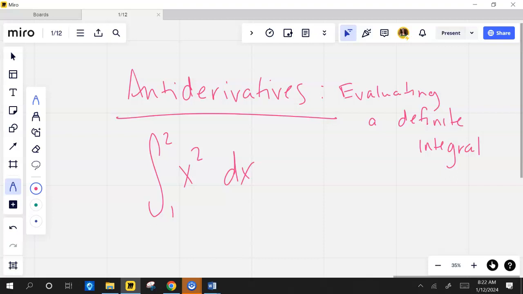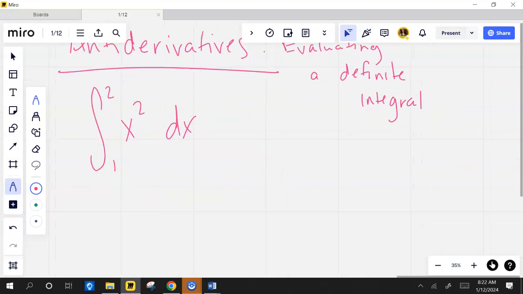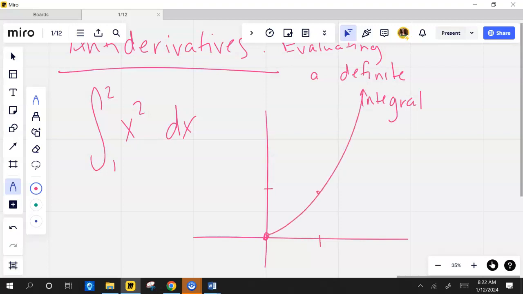And then you find the area that way, right? That only works sometimes, though, right? Because if I graph this, this is a quadratic, and it's just a parent, something like this. And this is asking me to find the area under the curve from 1 to 2.